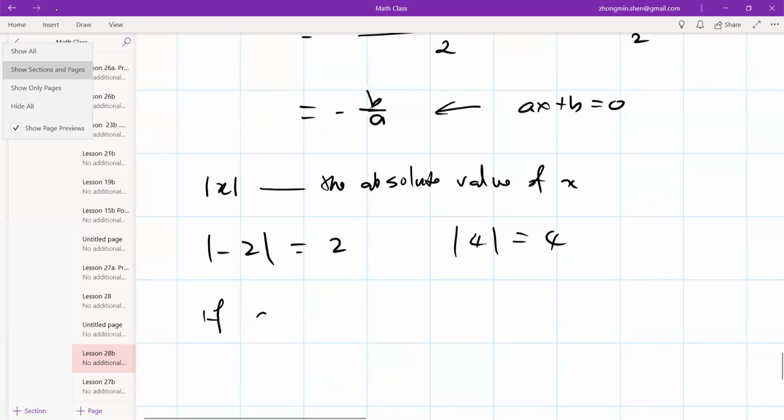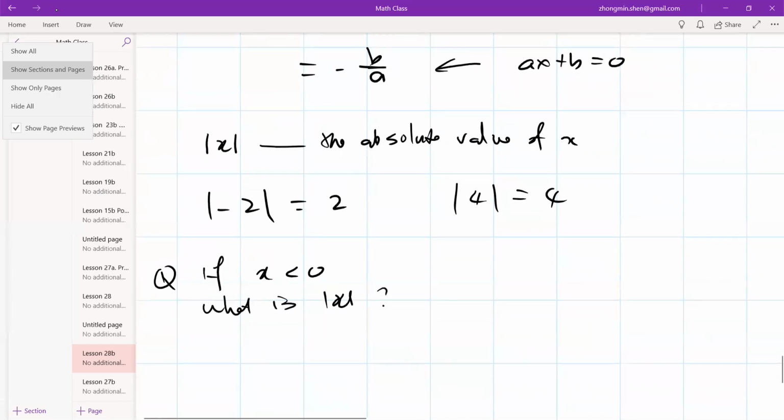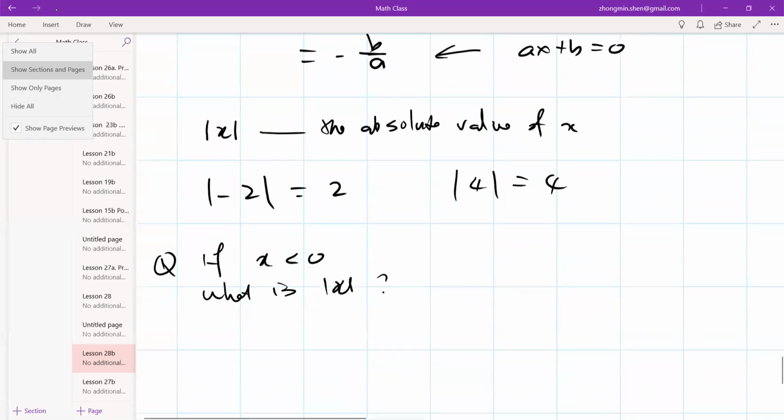So if x is negative, what is this without the absolute value symbol? No, if x is negative. Yeah, it will be negative x.